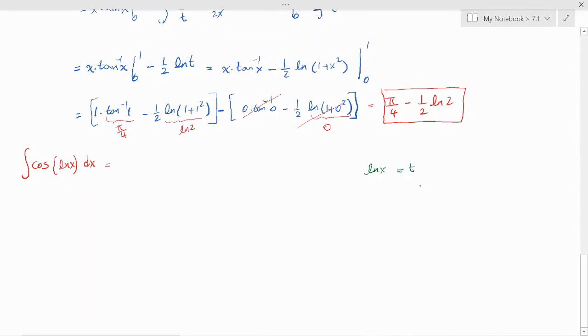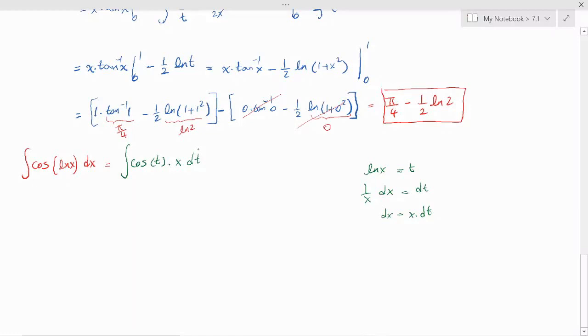So dt would be simply the derivative of ln x, which is 1 over x, and multiplying both sides by dx, you'll get this. So I can write this integral as cosine, and here dx would be x times dt. So this would be cosine t times x dt.